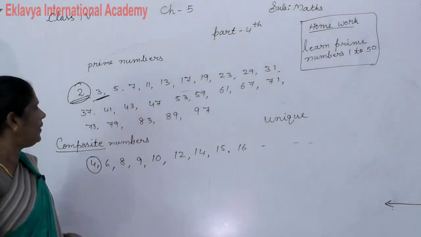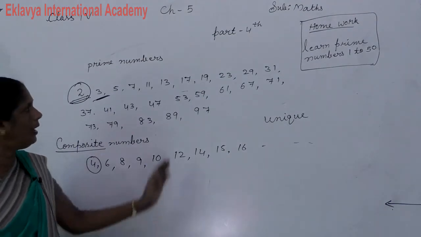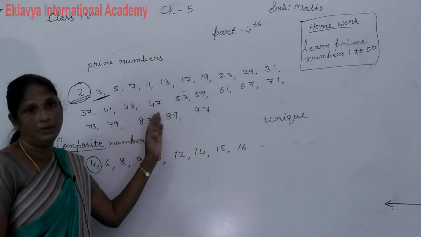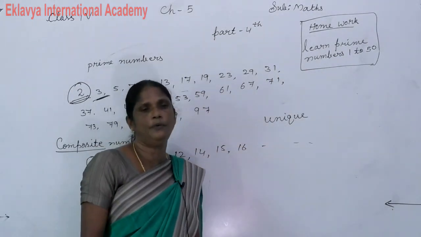What is a prime number? What is a composite number? This is your homework. Learn prime numbers 1 to 50.